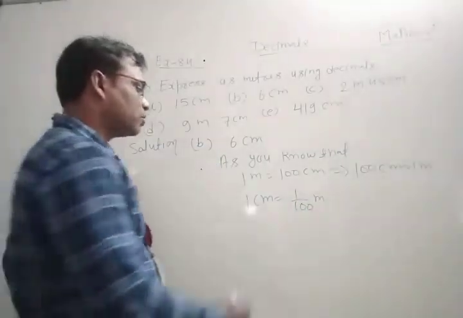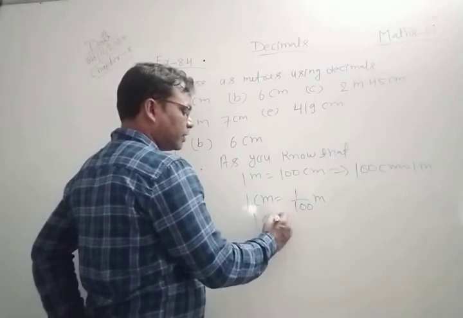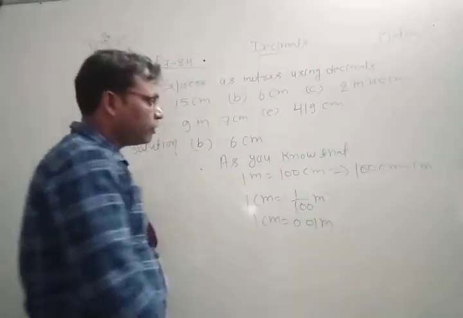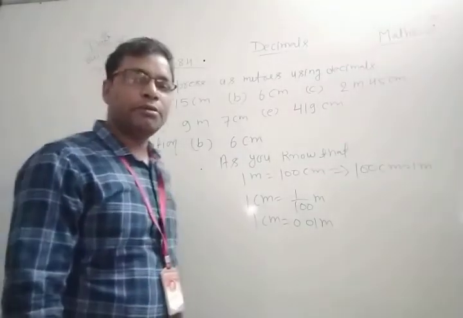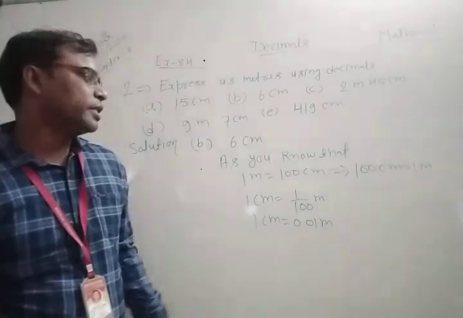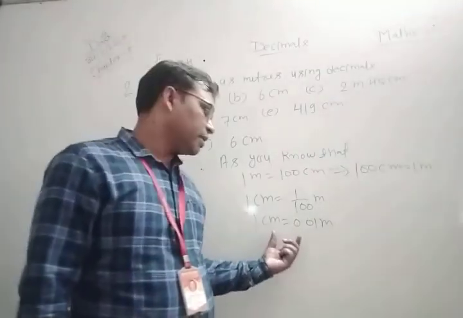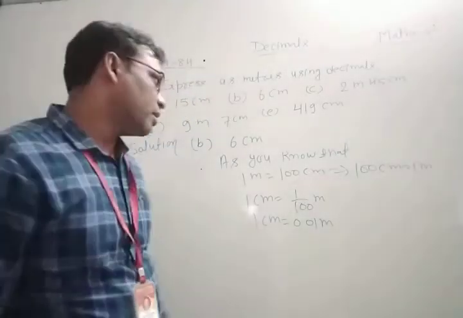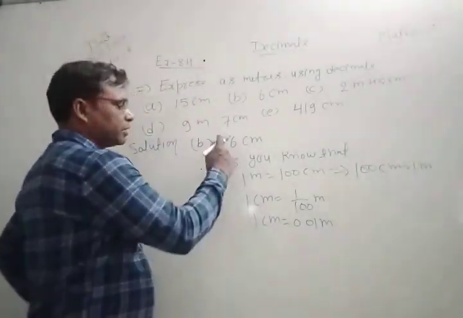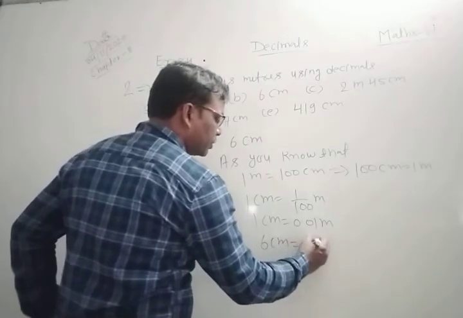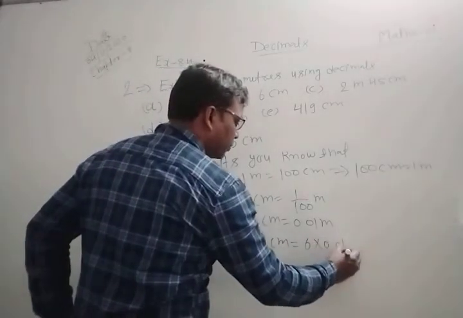Also you can write 1 centimeter is equal to 0.01 meter. So here you can see this is the relation between meter and centimeter using decimal, that 1 centimeter is equal to 0.01 meter.